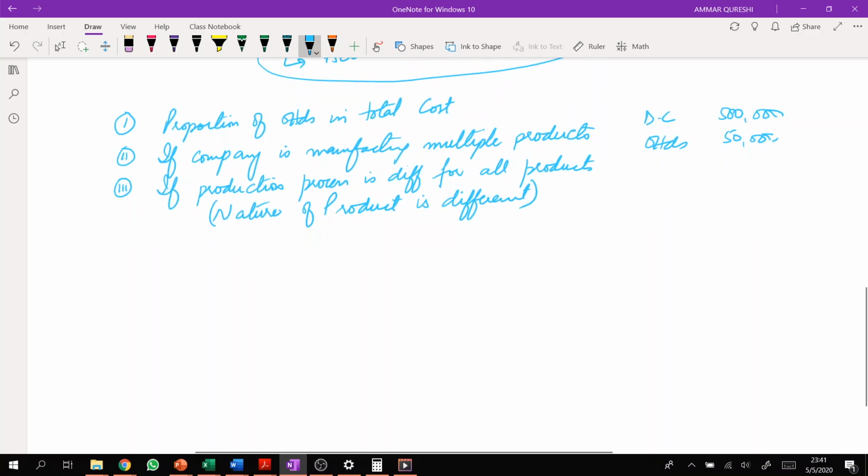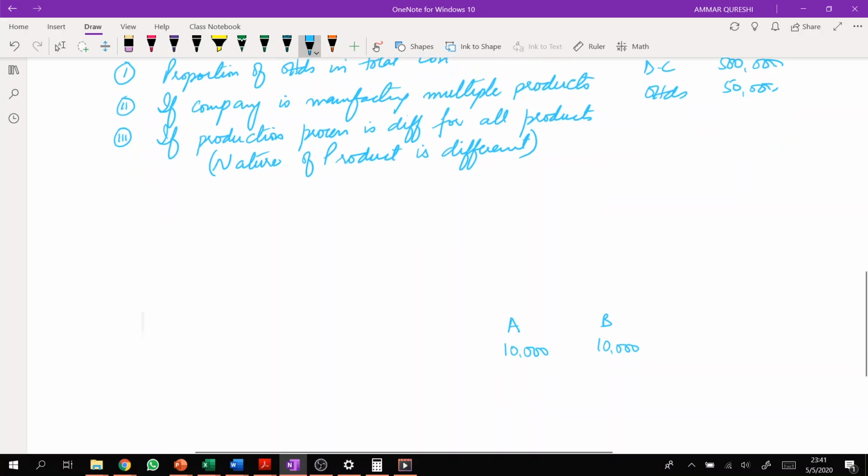There are two products, product A and product B. You have to manufacture 10,000 units of product A and 10,000 units of product B. Let's say product A requires 3 machine hours and product B requires 5 machine hours. So in traditional absorption costing, more overheads will be allocated to product B.